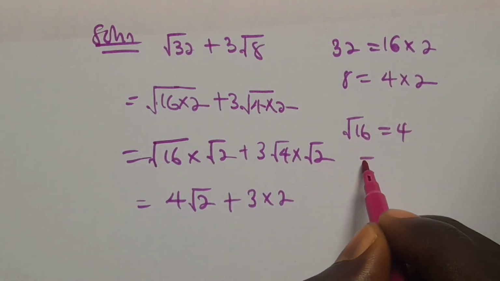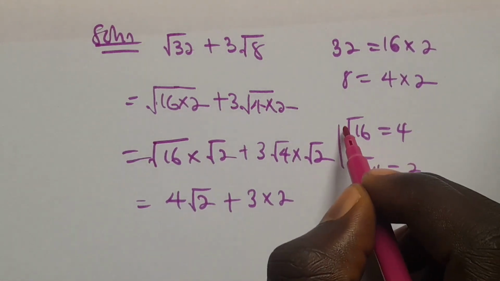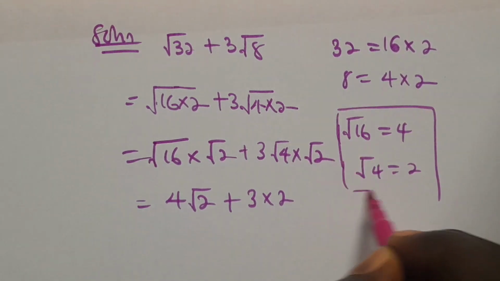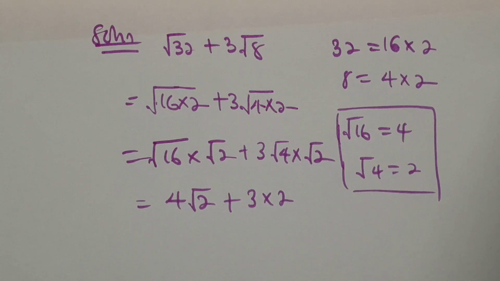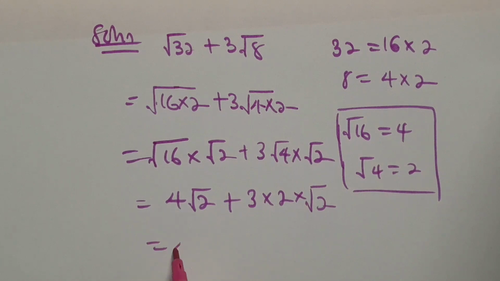Square root of 16 equals 4 because they are all perfect squares. Square root of 2 is not a perfect square. So we have 4 root 2 and 3 multiplied by 2, which is 6. We have 6 root 2.